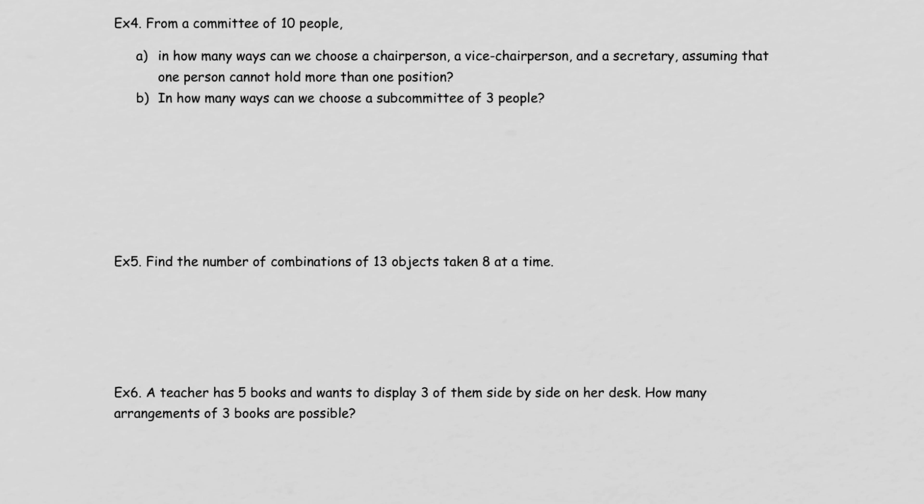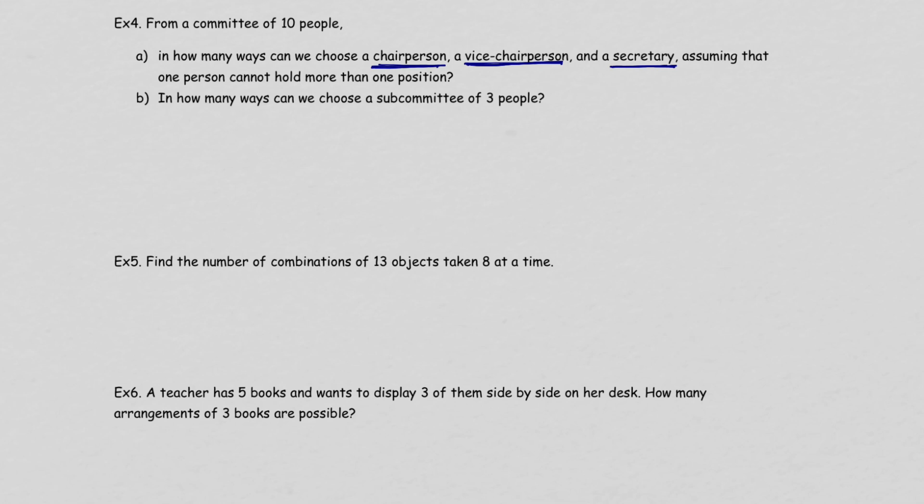And when we're looking at part A, the first person has to be chair, the second is the vice president, and the third secretary, right? So this time order is going to matter because they have a particular title for it, right? So person A becoming chairperson will be different than when person A becomes a secretary, right?